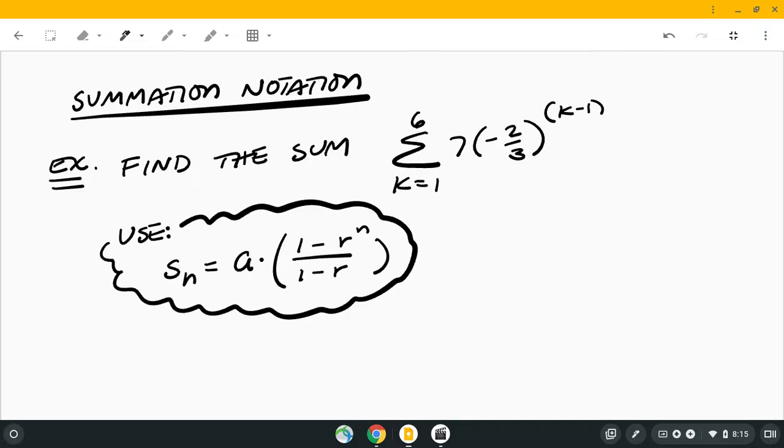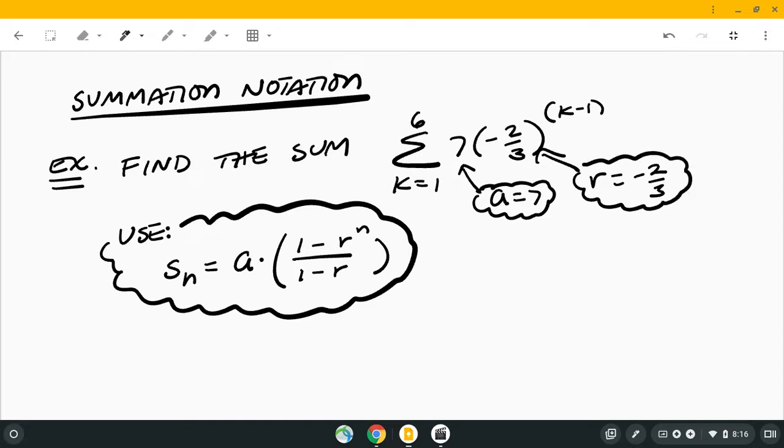Here they're asking us to find the sum of the first 6 terms. I'll give you some more information: a equals 7, r equals negative 2/3, and n is 6. That's where you can find all of the pieces of information you need in order to use this formula.